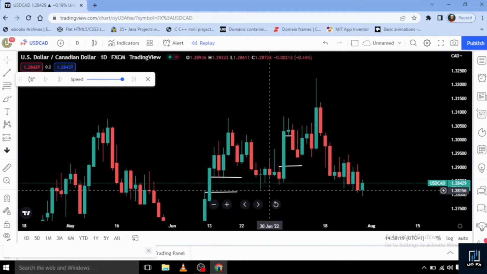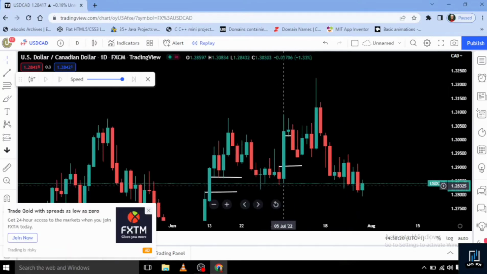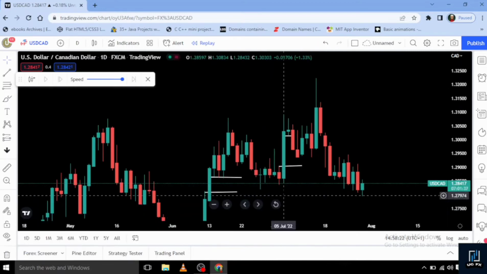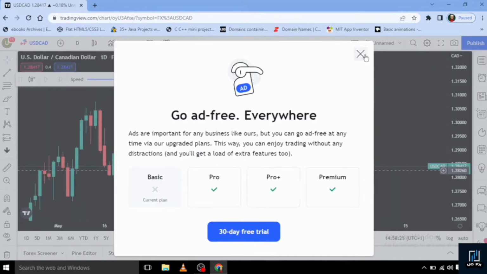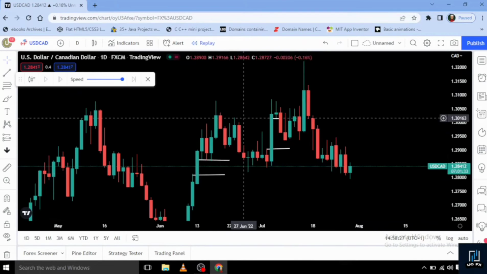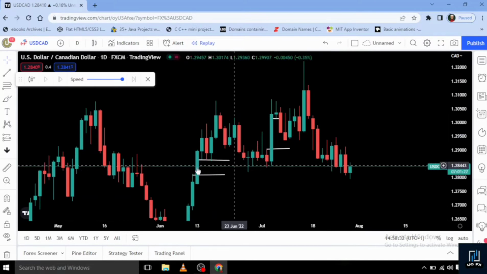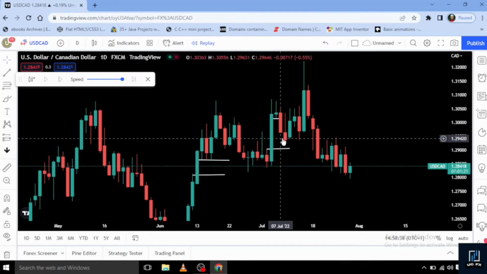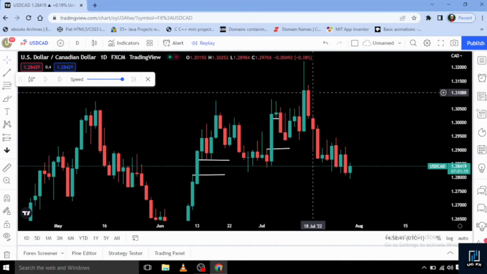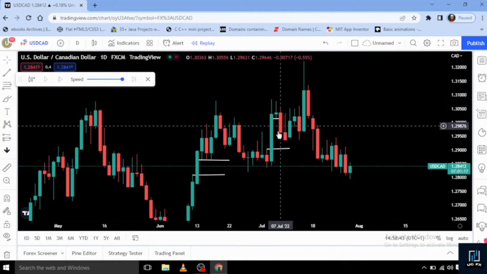So this is what we call efficient price delivery. So price tends to come back to fill inefficiency to give us efficient price delivery. So price came in, tested this inefficiency, filled this fair value gap, came back as well, filled this one. So this is what we call efficient price delivery.